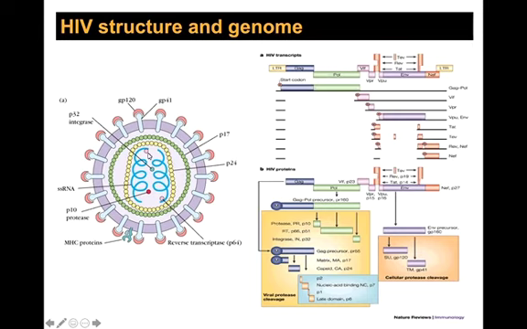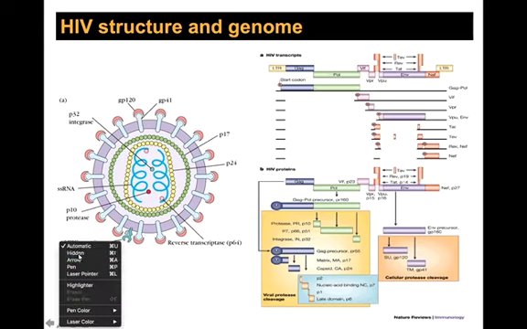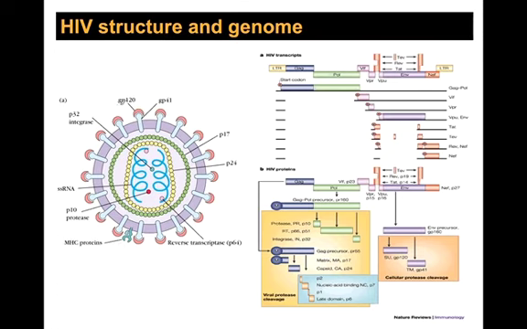Gag is the protein that organizes the genome inside of the virion. The envelope codes the gp160 protein that's cleaved into gp120 and gp41. So that's the receptor for the cellular ligand.